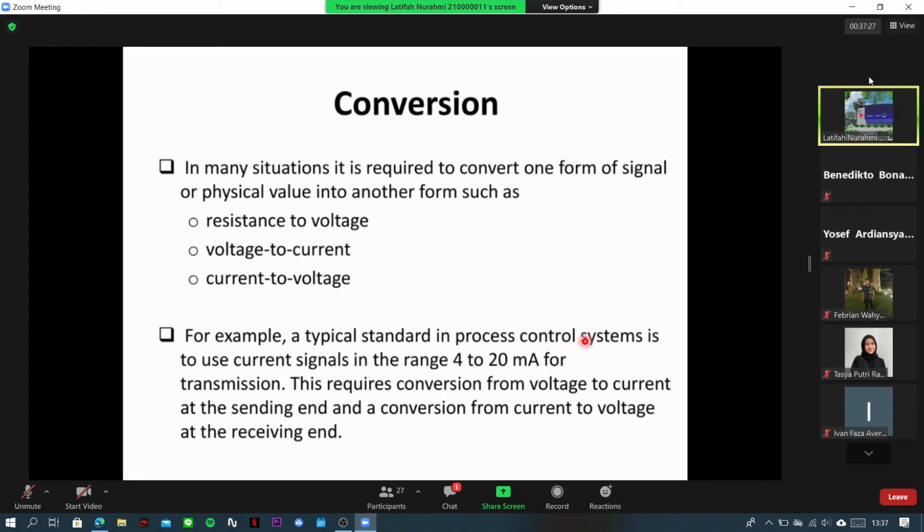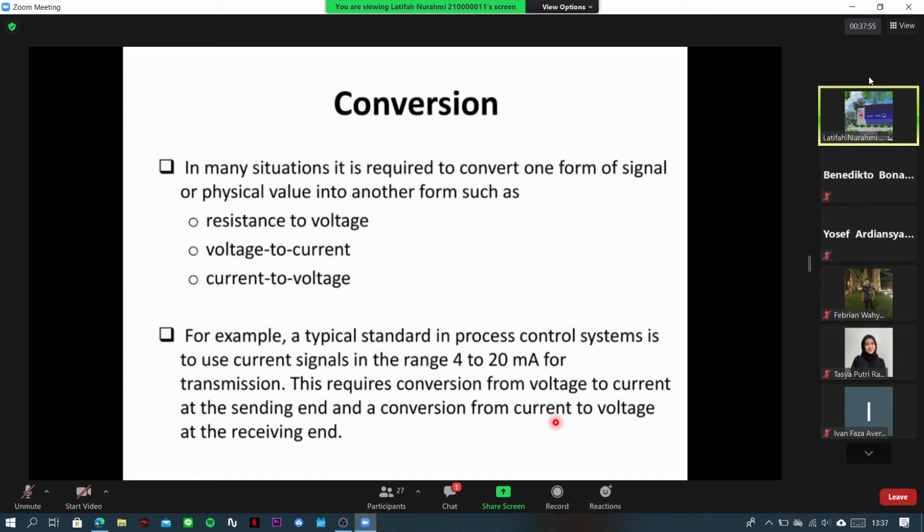The process control system uses current signals in the range 4 to 20 milliampere for transmission. So this requires conversion from voltage to current at the sending end and a conversion from current to voltage at the receiving end. So it really depends on the users.